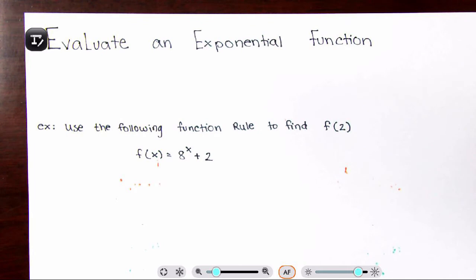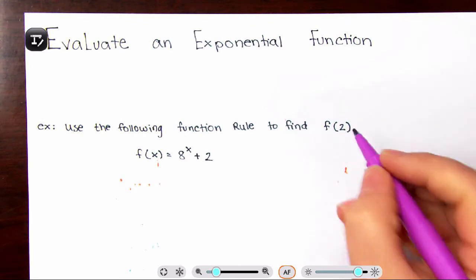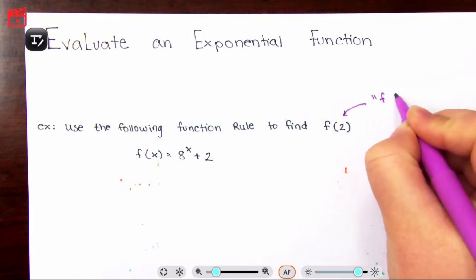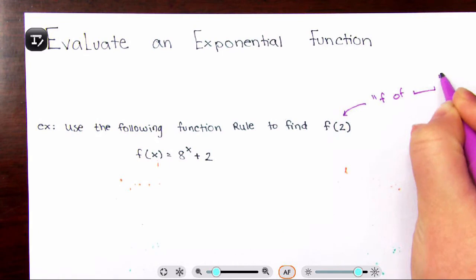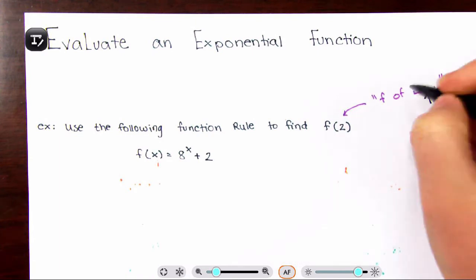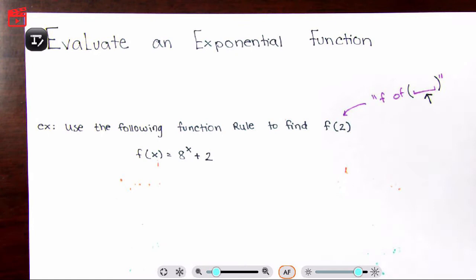Okay, so what's going to happen is they're going to give you f of something. So this is f of whatever number you have. In this case, 2. F of 2. This number, on the inside of your parentheses, that's going to be your x value.